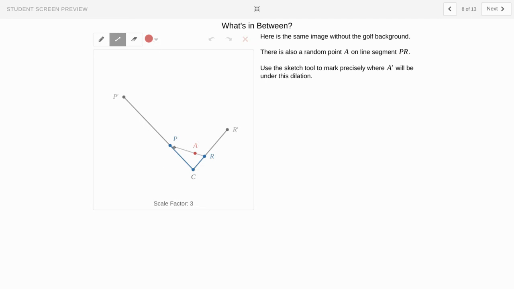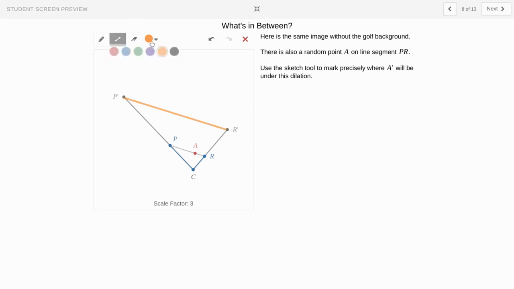Notice how we have a triangle here. All right, I'm going to take a line and I'm going to connect P and R together. And that would be our scaled version of our triangle. Now, point A, notice how C, R, and R prime are all in a line. And C, P, and P prime are all in a line.